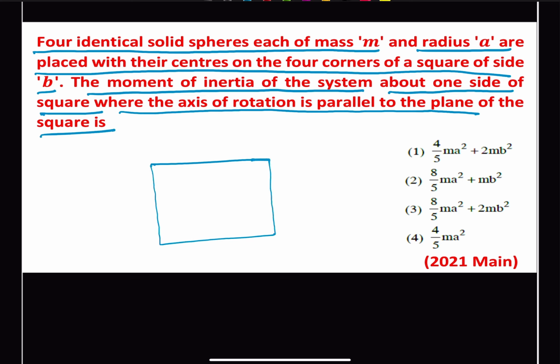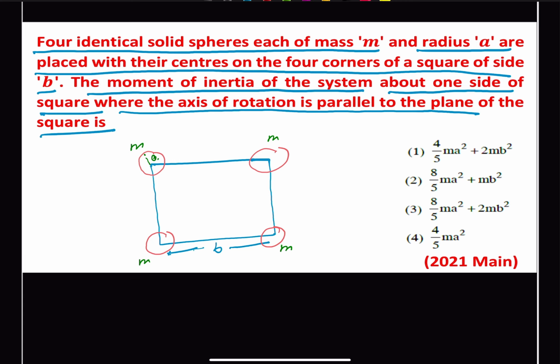We are given a side, and the length of the side is given as b, and at each corner we have an identical solid sphere whose mass is m and radius is given as a, and we have to find the moment of inertia about one side of the square, with the axis parallel to the plane of the square.